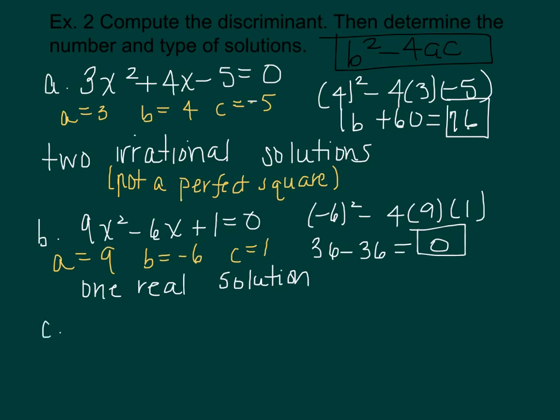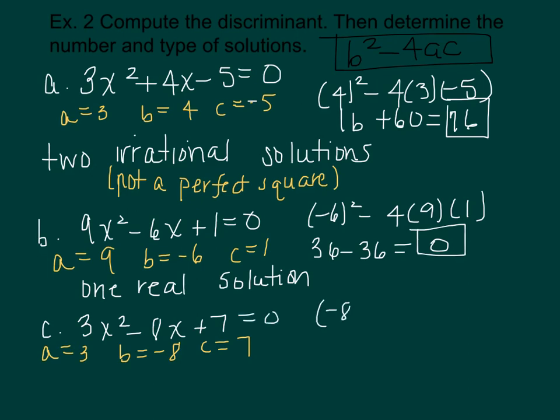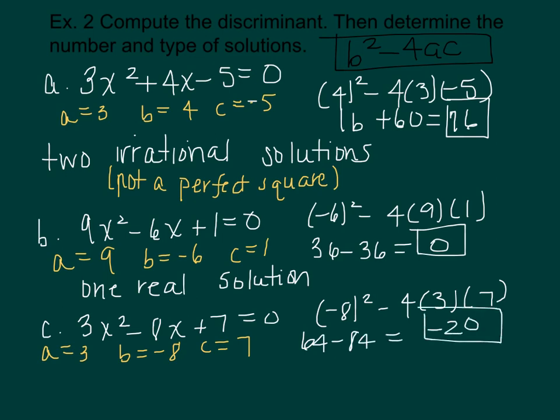And then C, 3x squared minus 8x plus 7. A is 3, B is -8, C is 7. That's supposed to equal 0. Applying the formula, we're going to do b squared minus 4ac. So that's 64 minus 84 equals -20. Because it is negative, then there are two imaginary solutions.